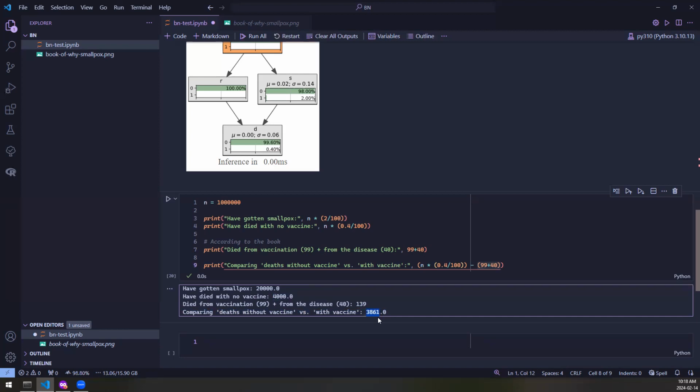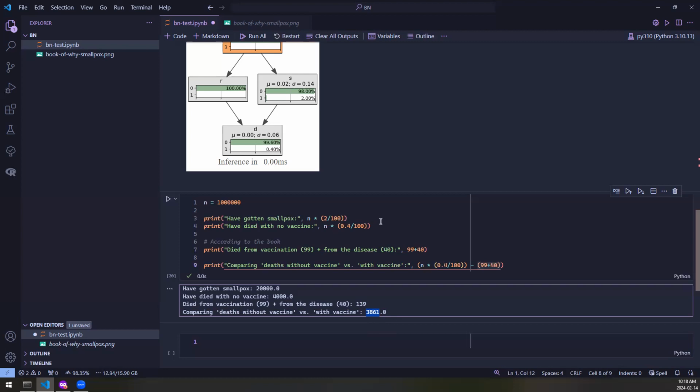Although some of them will die, of course, but at the very end, according to the data that was provided in the book, and this is the conclusion of the book as well, this is not my conclusion, 3,861 children will be saved just by taking the vaccine, okay?